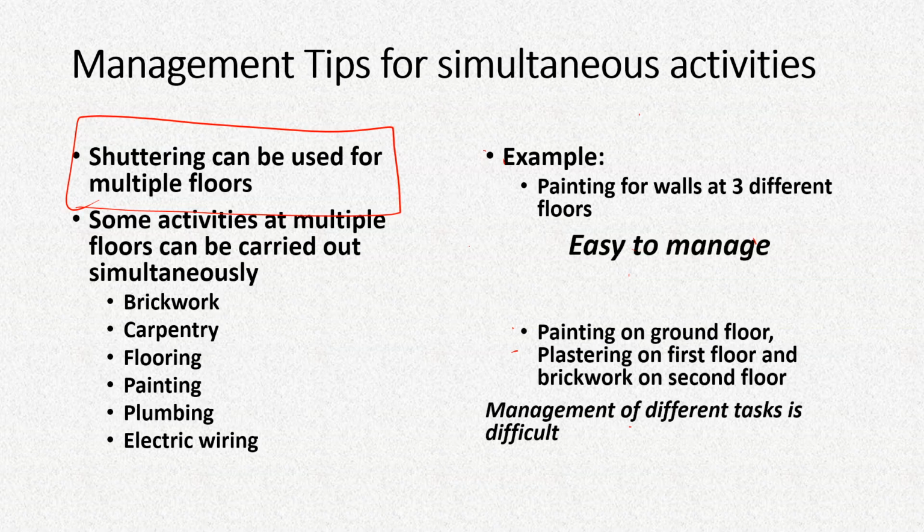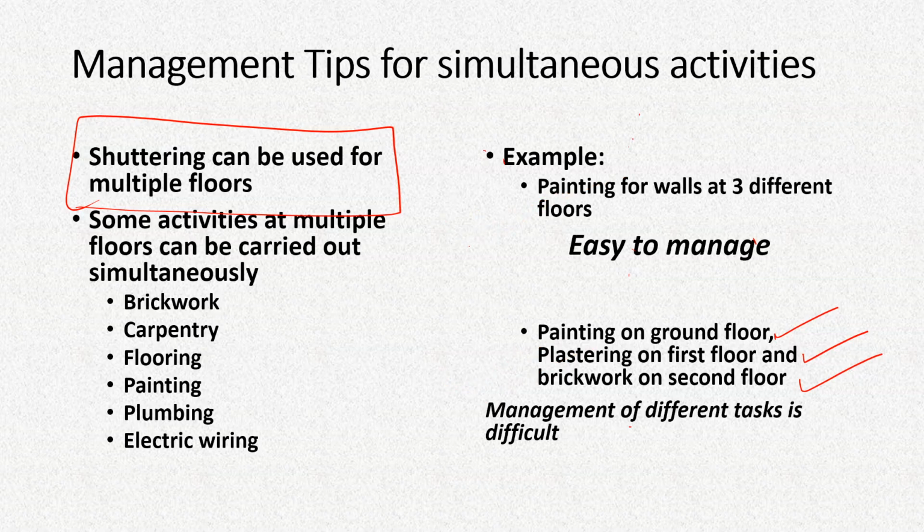But if you deal with several works on different floors, for example, on one floor you have painting, on one floor plastering, on one floor brickwork, and add to that plumbing and wiring on other floors, it becomes very difficult to manage different types of works and different types of laborers, and generally it is not advisable. However, if you have the capability of managing all these works together, then it's up to you whether you go for this mode of management.